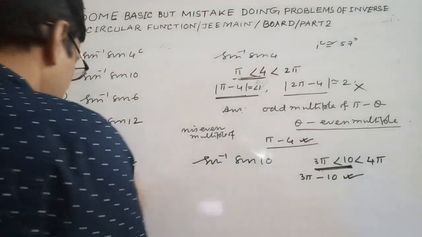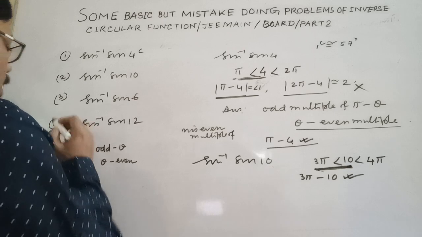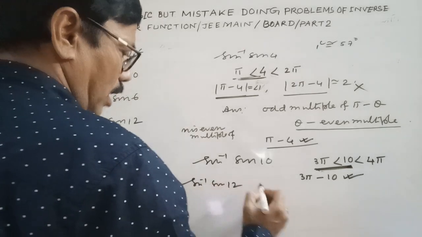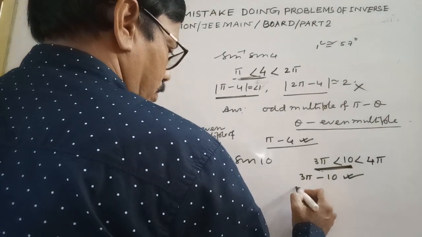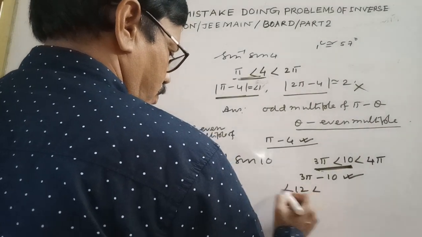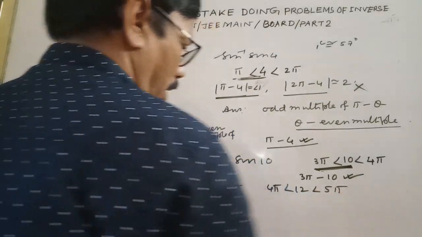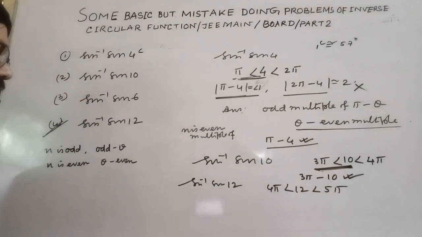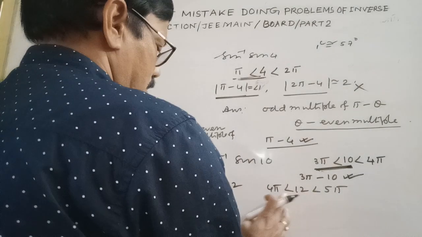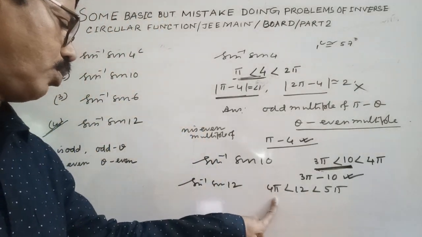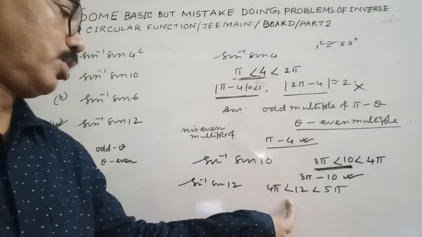Now consider again problem number 4. Sine inverse sine 12. So 12, this is 4 pi and this is 5 pi. 3.14 into 4.